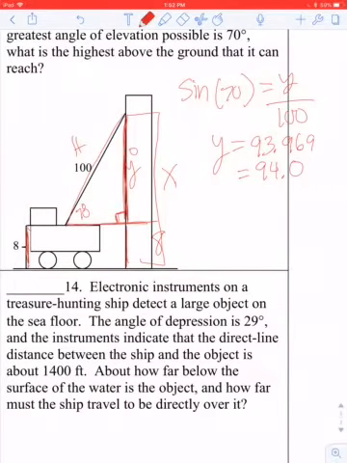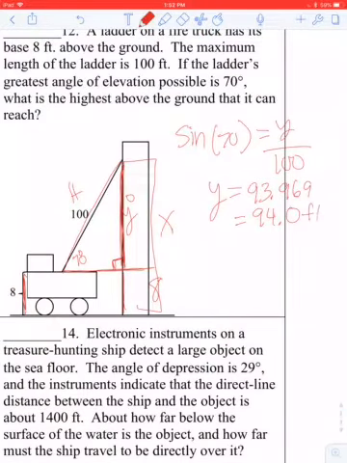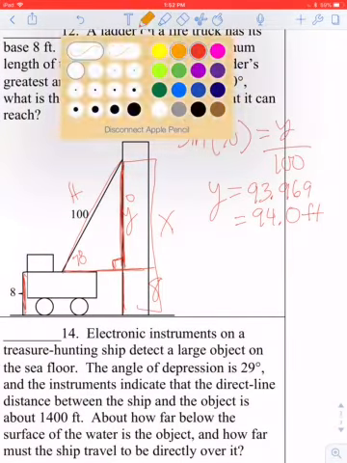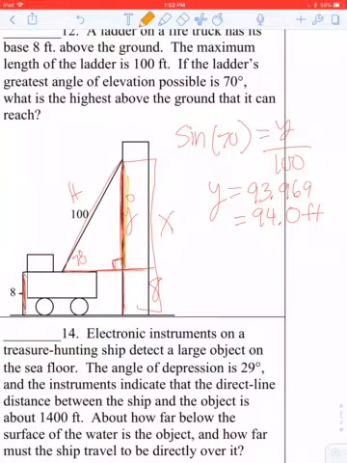And this is in feet. So that means I found the length right here. And I just need to add the 8 on at the very end. So I'll add 8. And you would get 102. Yes, because of my rounding, 102 feet.